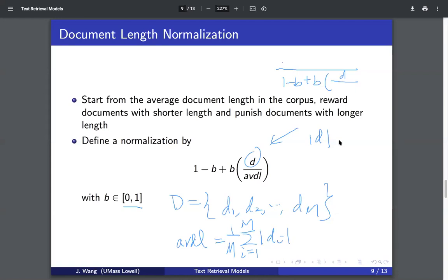I should put the size of D here, and this AVDL, the average document length.